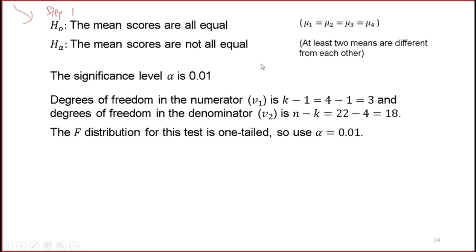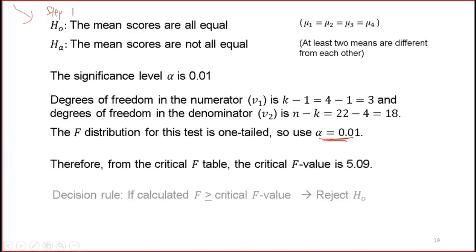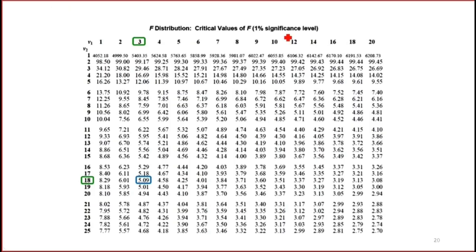Now you need to find the F critical. We use the level of significance 0.01. Refer to the table, and make sure the level of significance is 0.01. Our numerator degree of freedom is 3, and the denominator degree of freedom is 18.